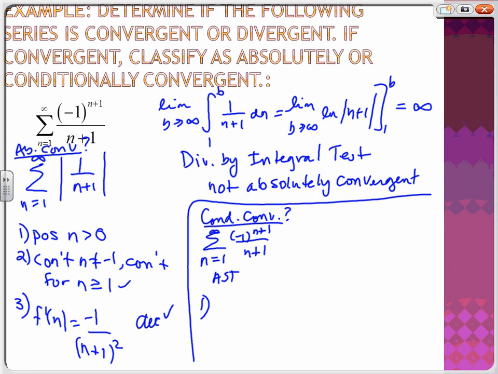You got to check two things. Does it go to 0, and is it decreasing? So the limit of the non-alternating part, does it go to 0? Yes. And we already showed it was decreasing, right?